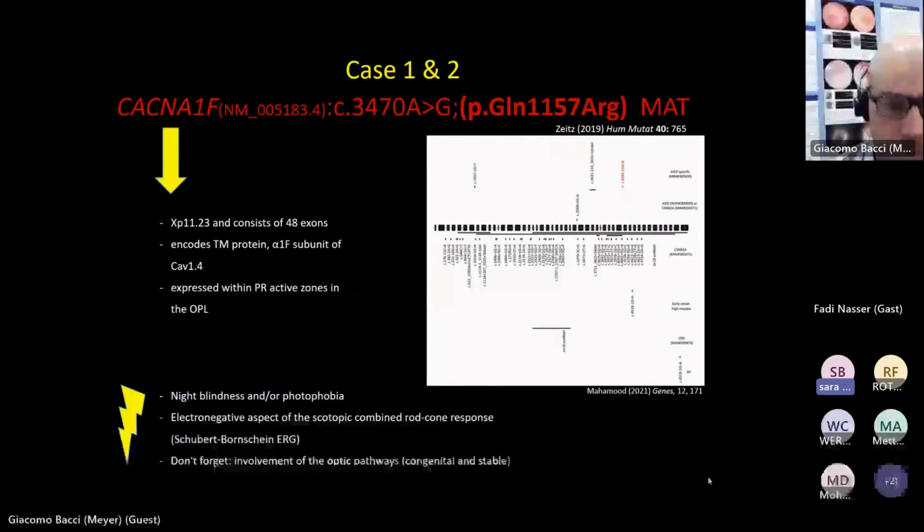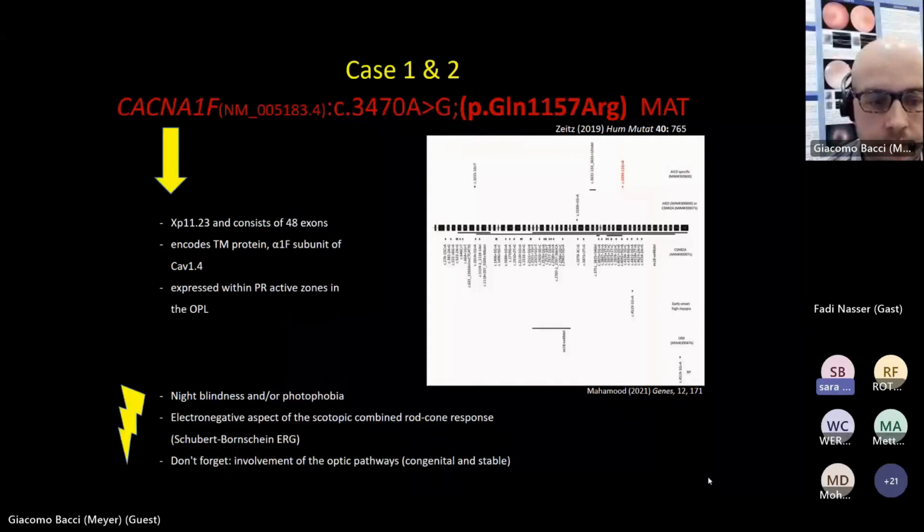This gene can be associated with various phenotypes. The main one is surely congenital stationary night blindness type 2A, but we can also find mutations of this gene in cone-rod dystrophies and in Åland Island eye disease. That is probably the most fitting diagnosis for these two boys from a clinical point of view, and also in some rare cases of early onset high myopia.